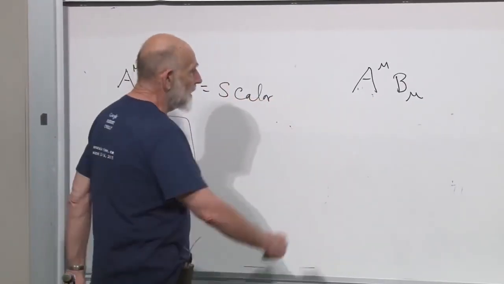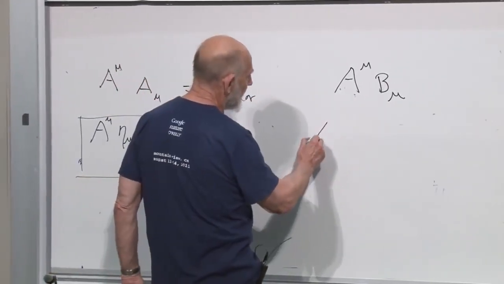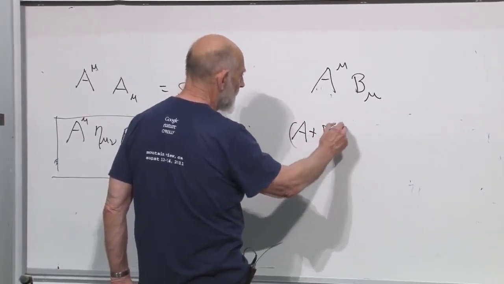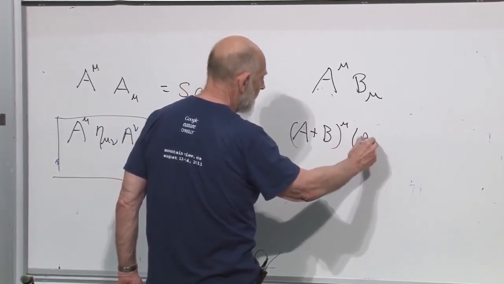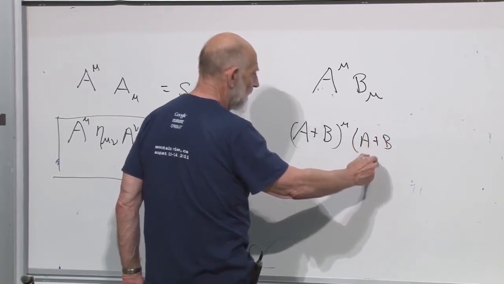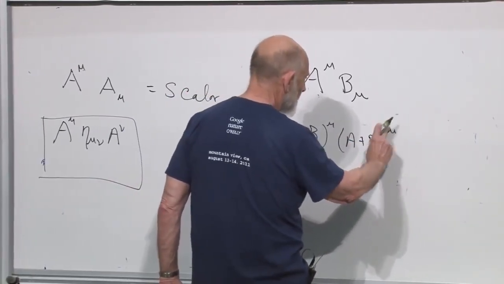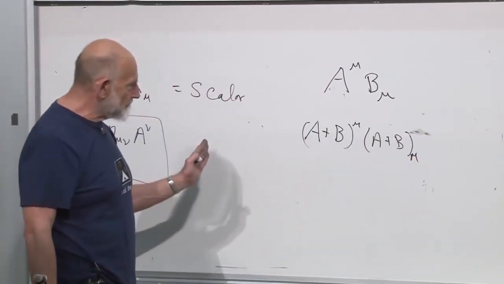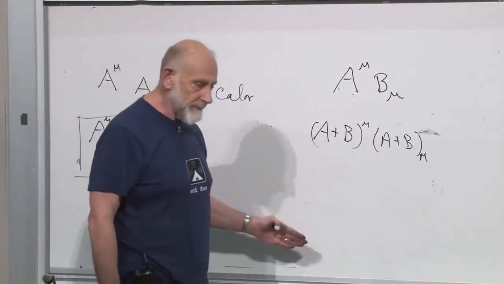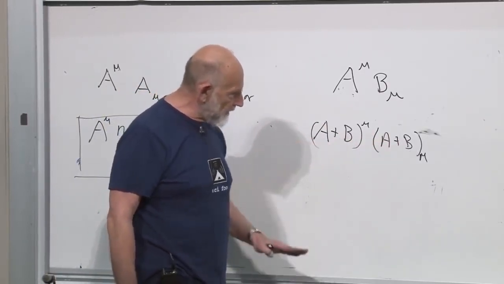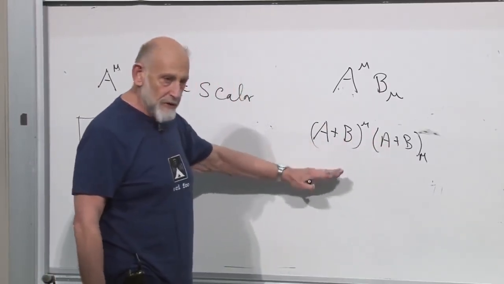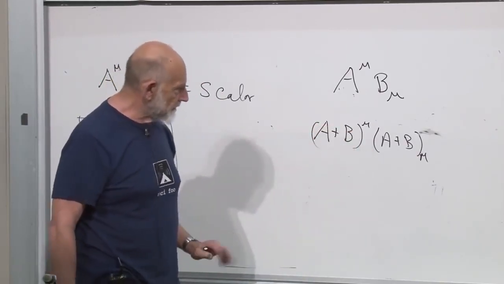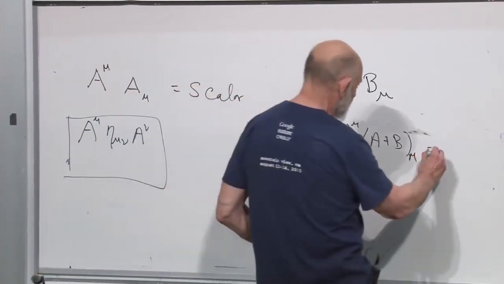That's easy. All you do is write A plus B mu times A plus B mu. Now this is a scalar. A plus B is a 4-vector, and if you take any 4-vector and contract it with itself, it's a scalar. So this is a scalar. Now subtract from this.